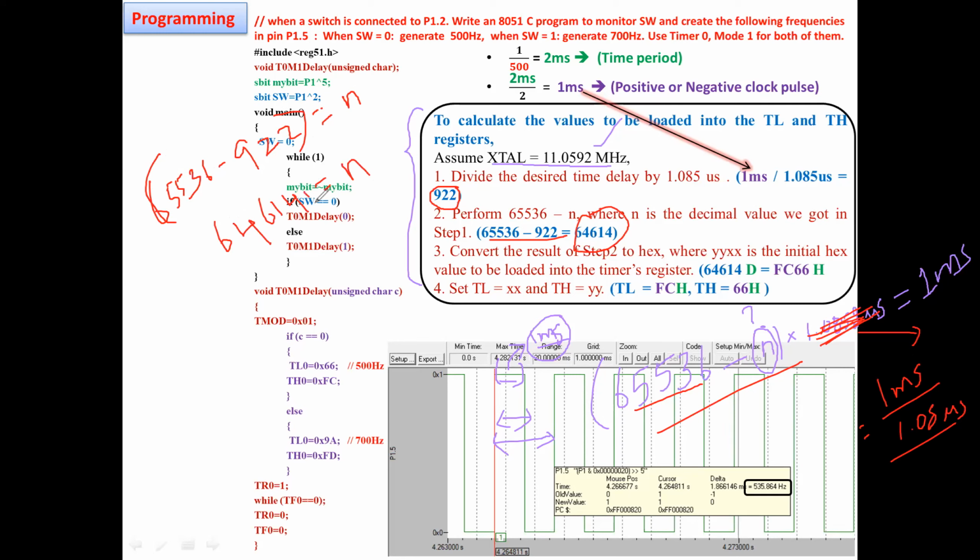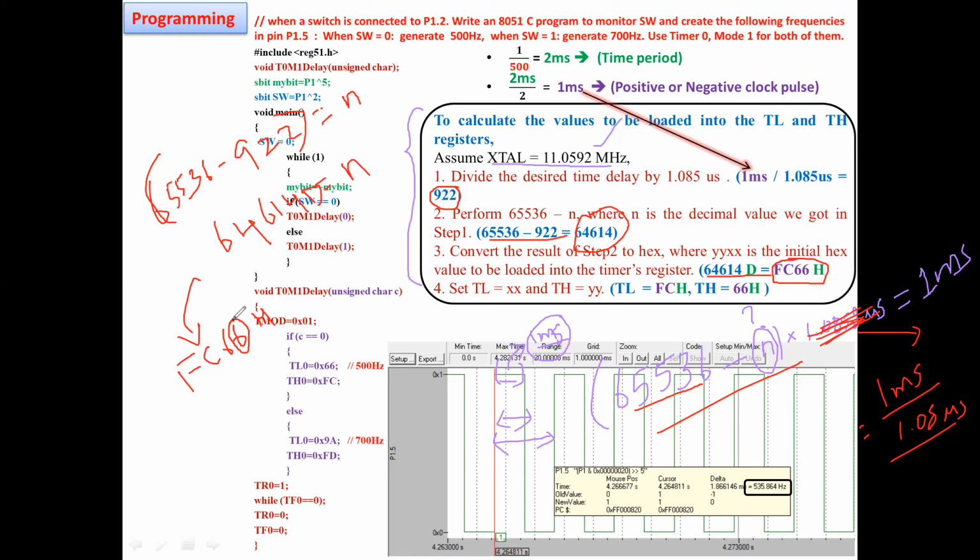This is in decimal. Always do all the calculations in decimal. Finally, you convert this into hexadecimal. That is good practice. So you convert into hexadecimal and you will be getting FC66. This value is approximate, it can be any value, no problem.